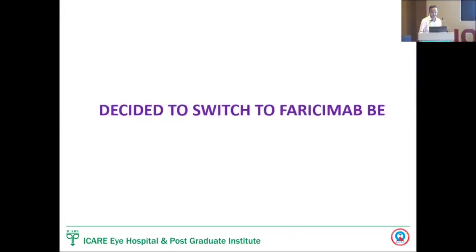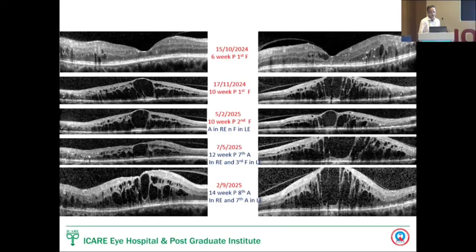So then I decided to switch to faricimab in both eyes. So this is the picture post 6 weeks of the first faricimab. There was quite marked improvement even in vision. But at the 10th week, the patient presented with recurrence. So there was recurrence at 10 weeks, but I again gave second faricimab in both eyes.